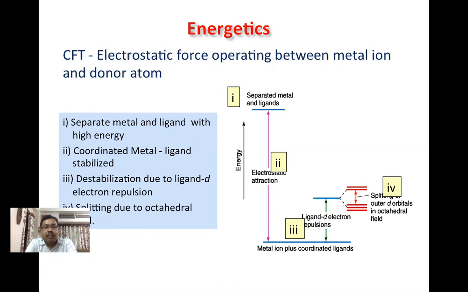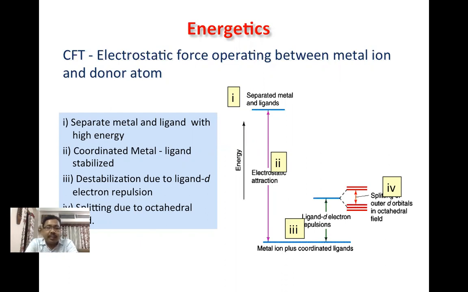Crystal field theory is basically due to the electrostatic force that is operative between the metal ion and the donor atoms of the ligands. As we know, when the metal ions and the ligands are free from each other, means when they are isolated, the energy associated with those species is very high, means they are very much unstable.